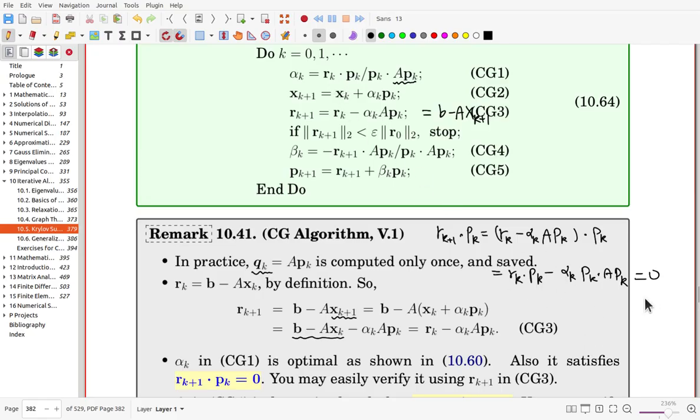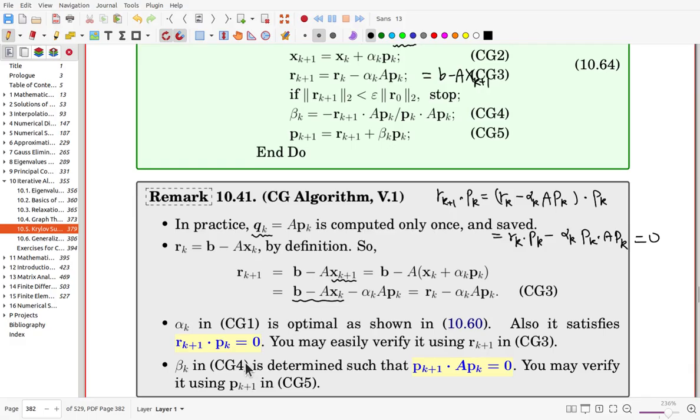So that must be 0. So this choice of alpha_k is not only optimal, but with this alpha_k the new residual and the old search direction are orthogonal. It's a wonderful property.